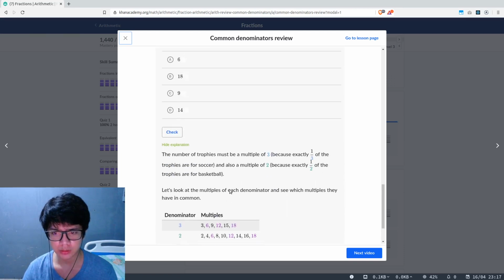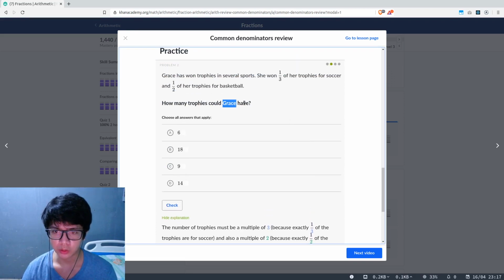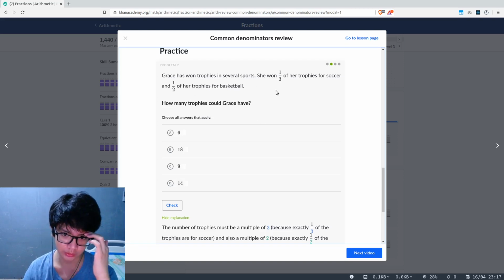They're just the common denominators. But for all the trophies, it's just 1/3 and 1/2. So it's not everything. If I make this 3/6 and 2/6, and I add 2/6 and 3/6, it'll be 5/6.